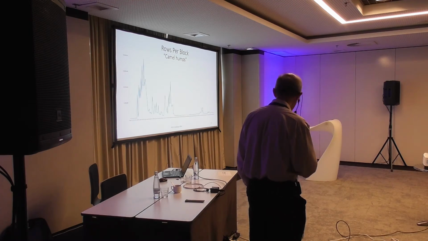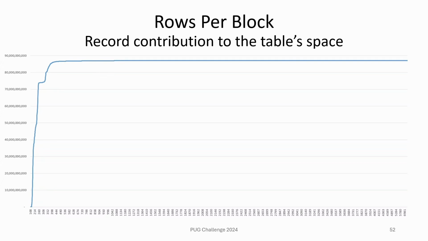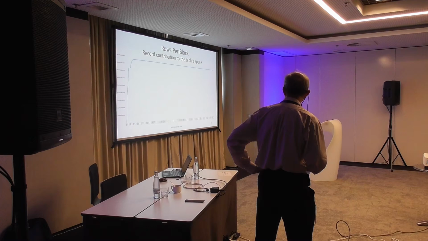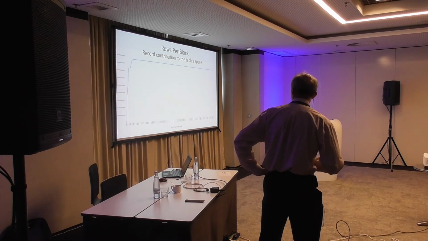Actually, in this case, it's better not to use 16K, better to use 32, and the following slide will show you why. This is a distribution of record contribution to the table space. Basically it shows how many records are smaller than this size, and you can see that almost 100% are smaller than that. The records with a smaller size have a much bigger contribution.